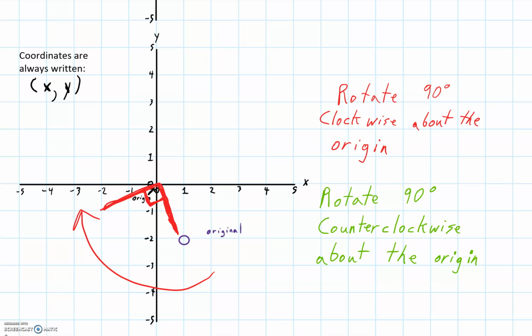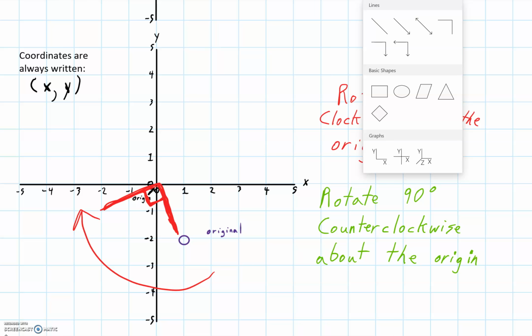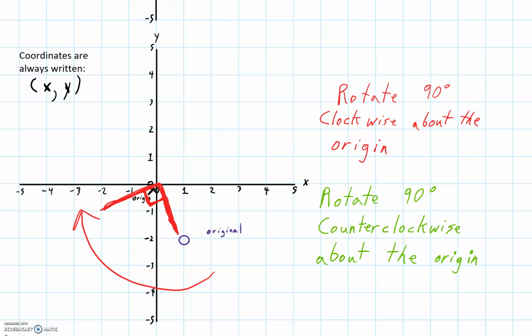So it has moved 90 degrees if I put my circle right there. It's not perfect, but anyways, you get the idea. So it's moved 90 degrees. I'm going to just erase all this so that I have more room.